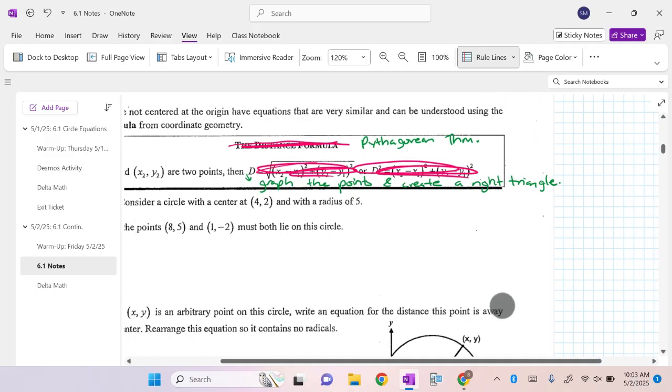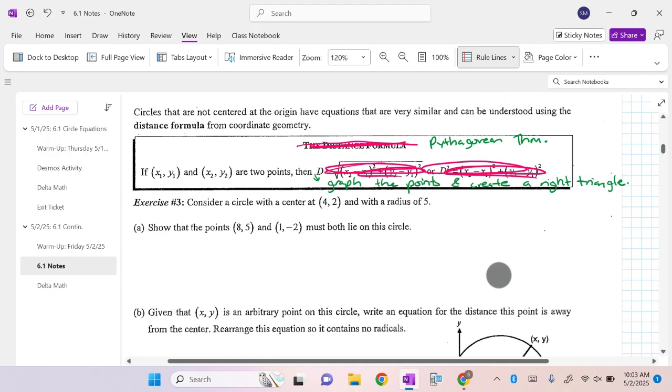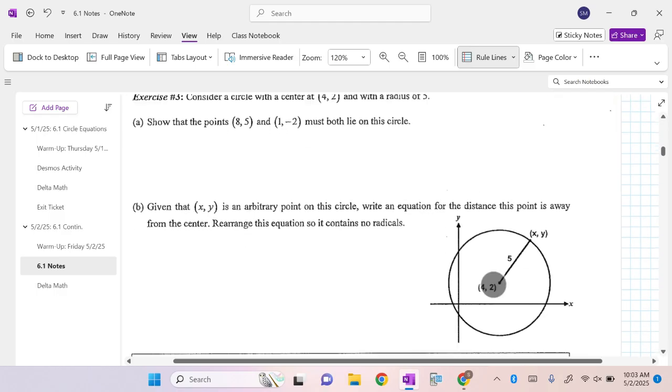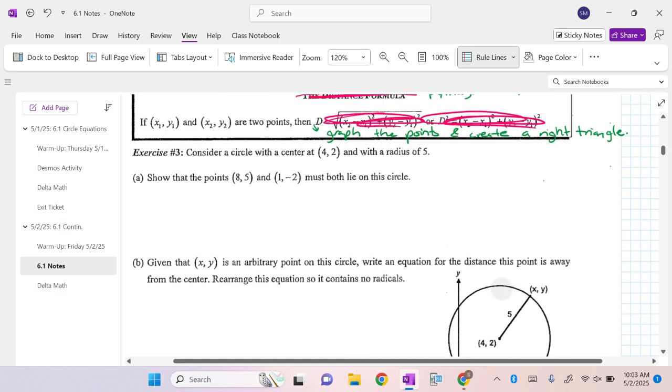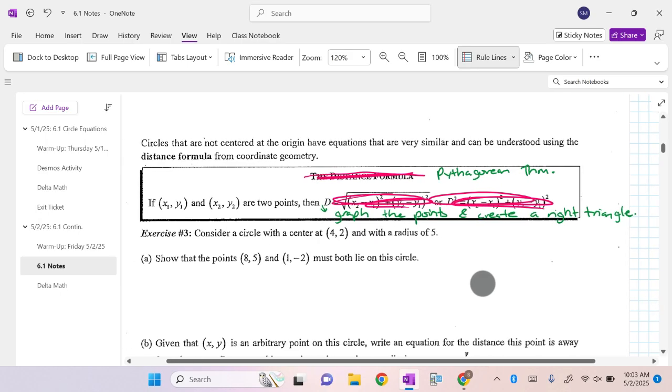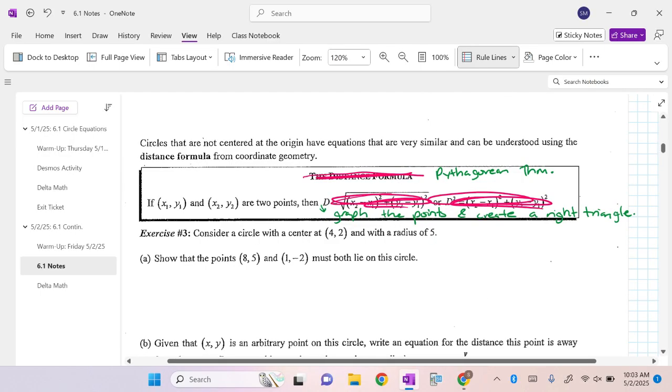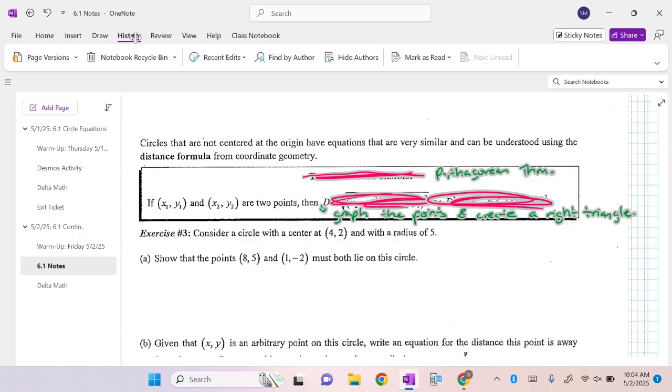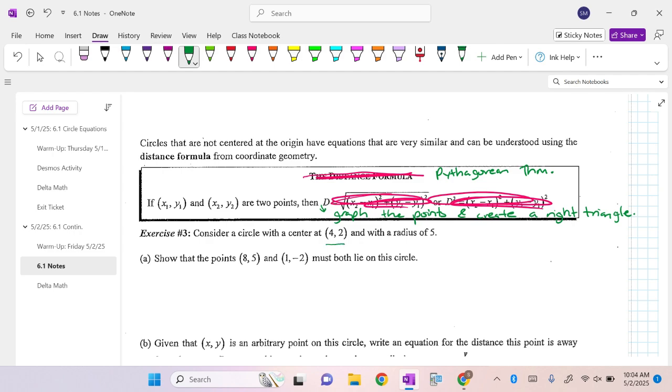All right. So let's just pretend that we knew that the center is here. All right. Now we know the radius is 5, but let's pretend like we didn't. Let's pretend like they just gave us the center (4, 2) and one of the points. So let's say (8, 5).